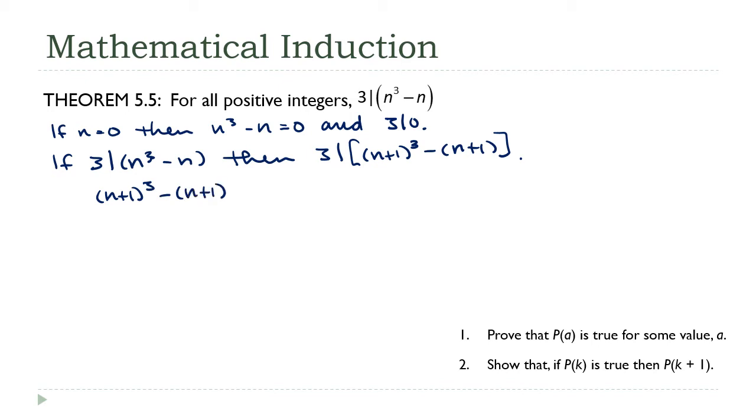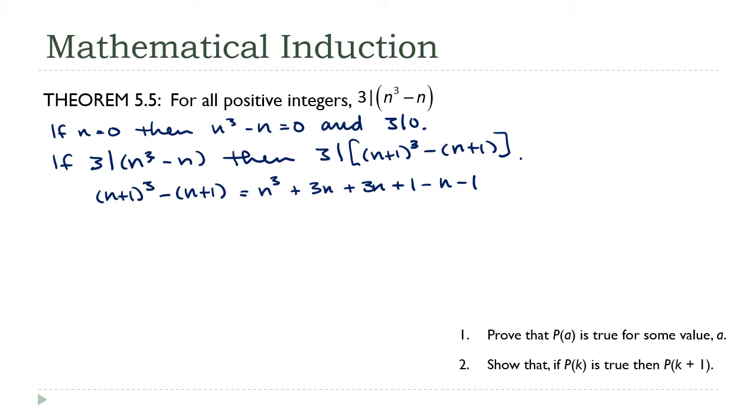And I'm going to simplify this. I'm going to multiply it out. If I multiply out that cubic part in the front, it becomes n cubed plus 3n squared plus 3n plus 1 minus n minus 1. And I'm kind of feeling good about that. I'm trying to show divisibility by 3, and I'm seeing some 3's in there, so okay.